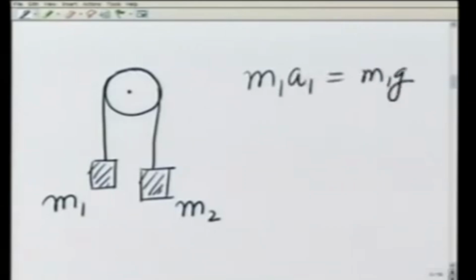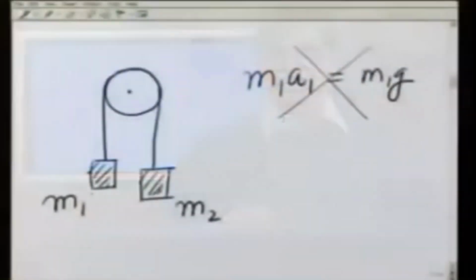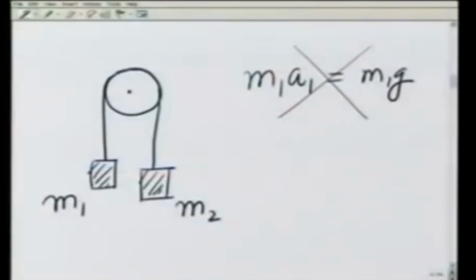Its motion is affected by the presence of the other mass. Similarly, the motion of m2 is also affected by the presence of mass m1. And this constraint comes about because of this rope that keeps them moving together. These are two examples of constrained motion.